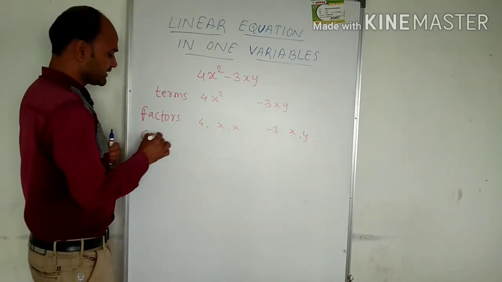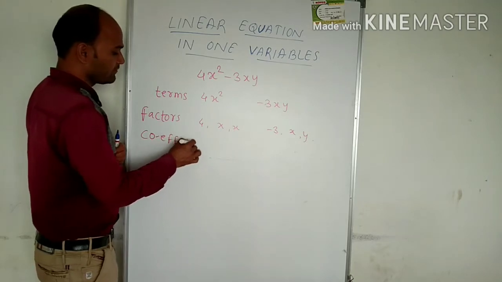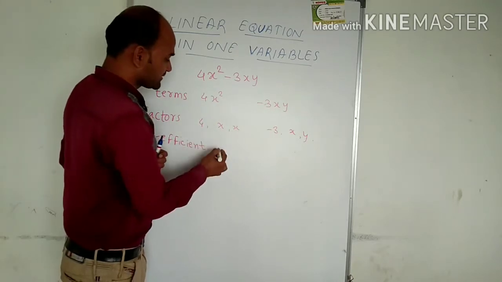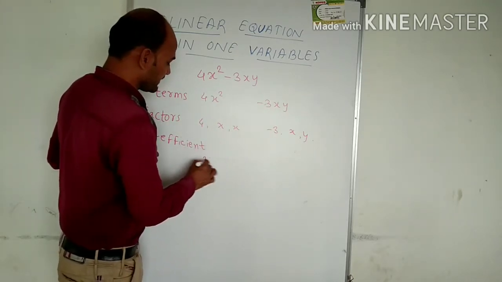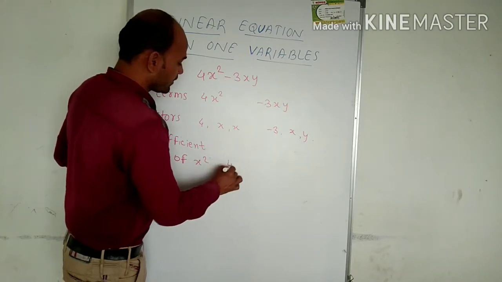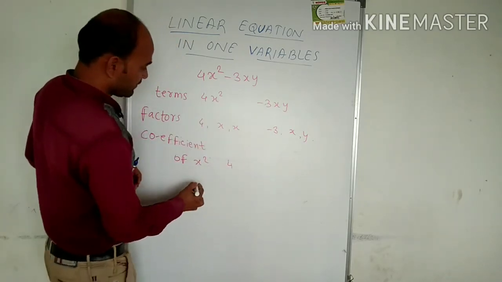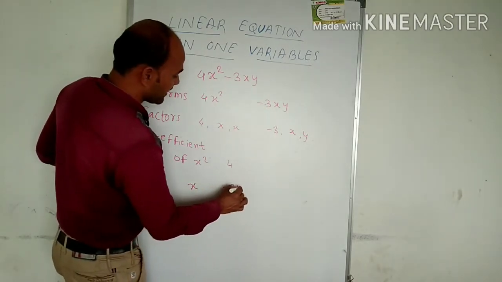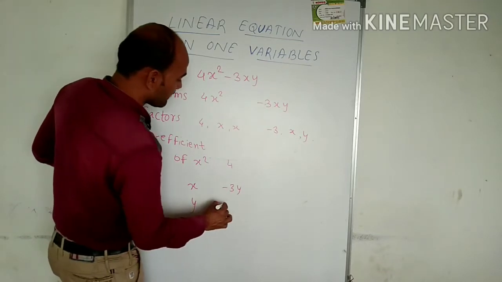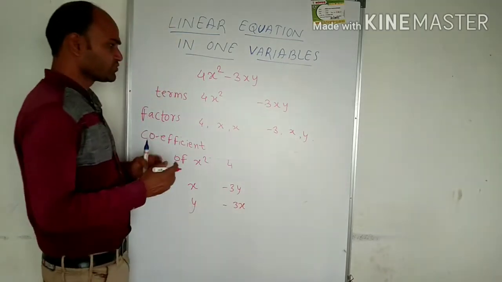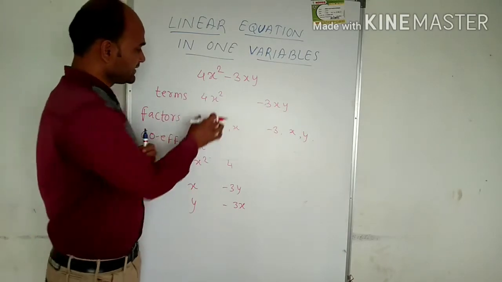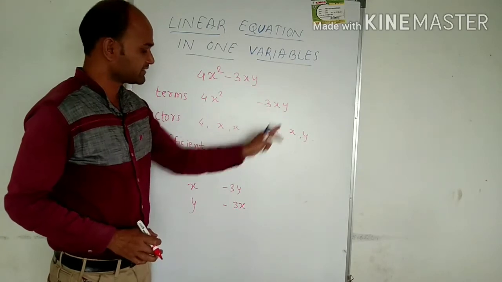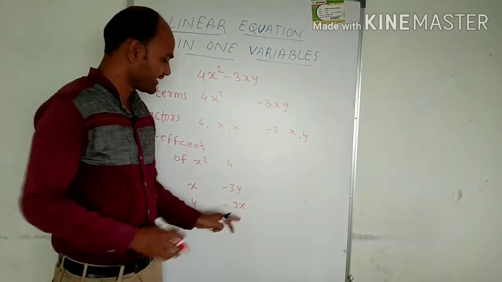Next, the coefficient of x square is 4, the coefficient of x is minus 3y, and the coefficient of y is minus 3x.